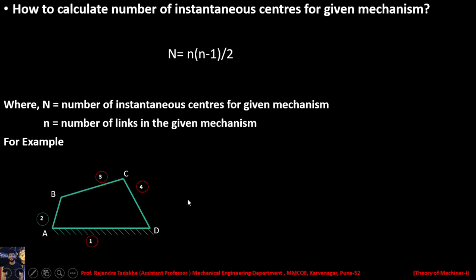Yes, a total of 4 links. Now we put the value of small n as 4 and calculate the value of capital N. So we get capital N as 6, which indicates we have 6 instantaneous centers for this given configuration of the mechanism.